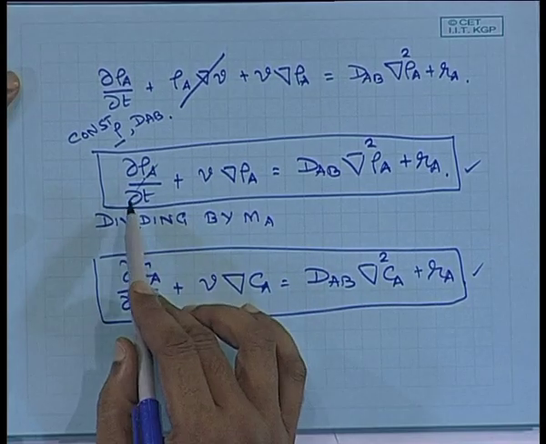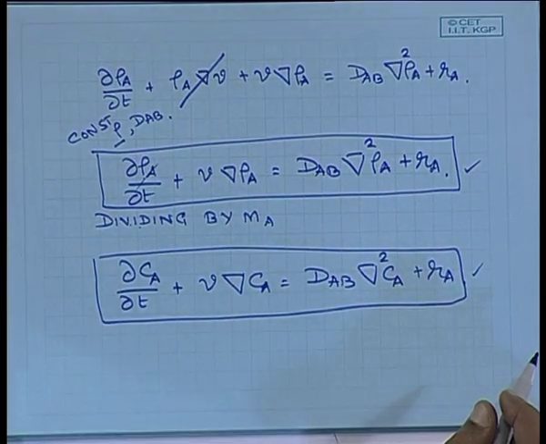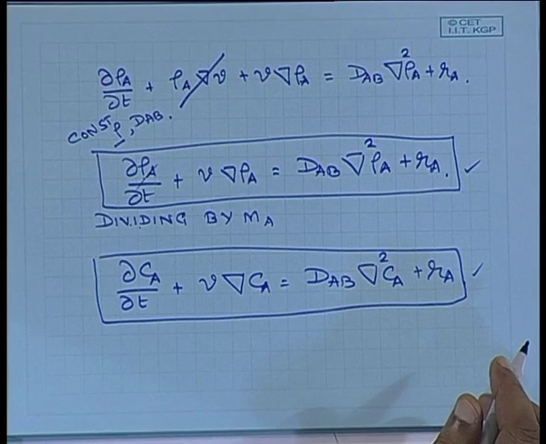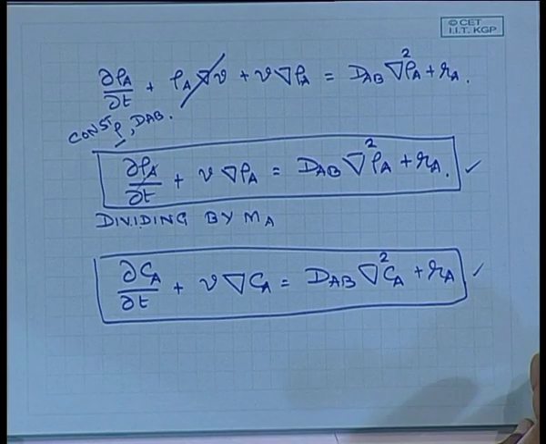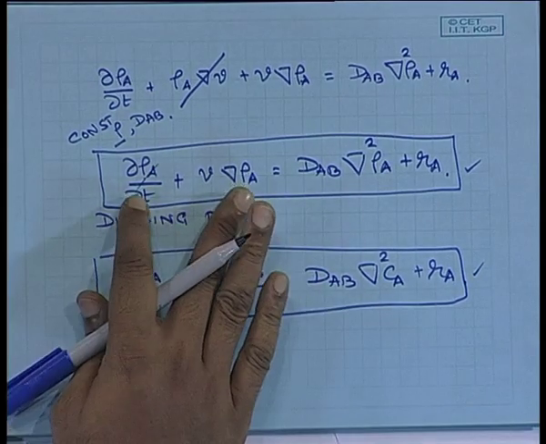What is ∂ρA/∂t plus V into divergence of ρA? Can you think of any mathematical expression which would combine these two?